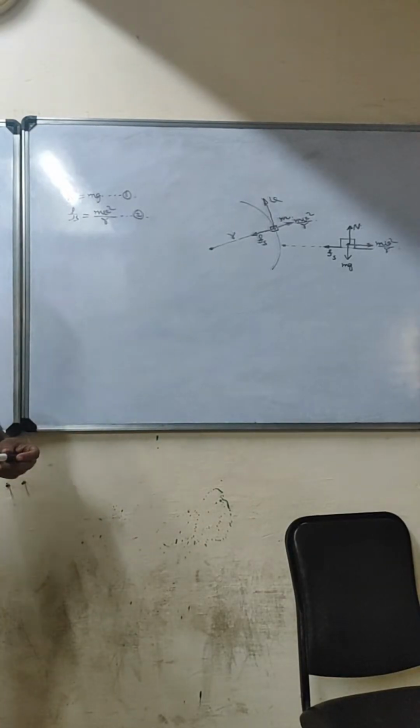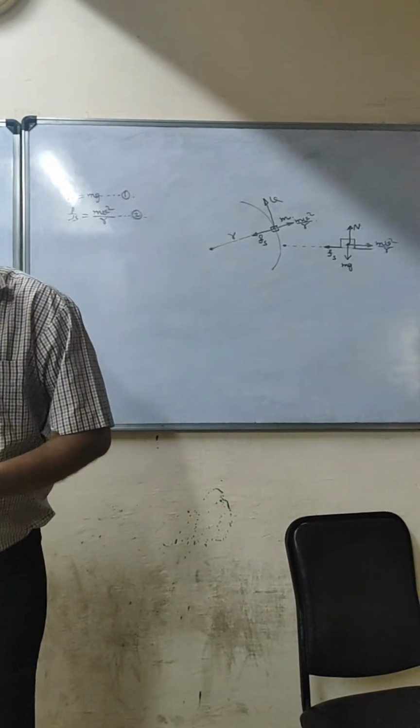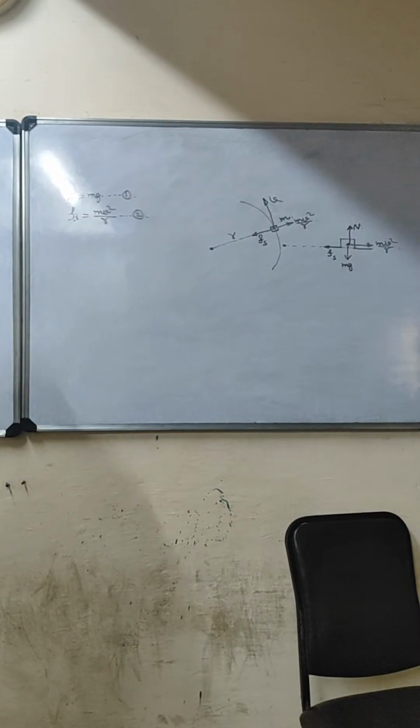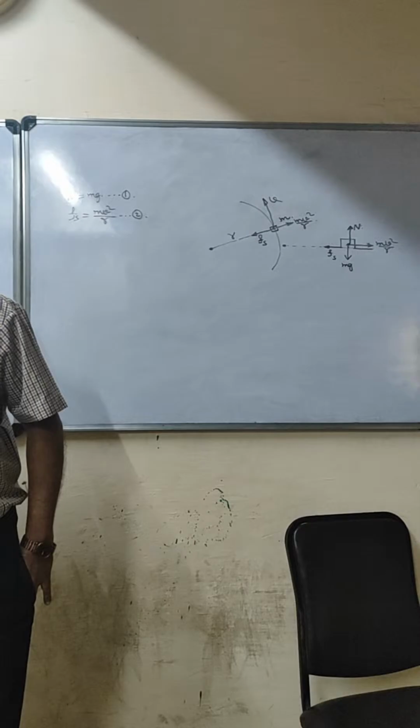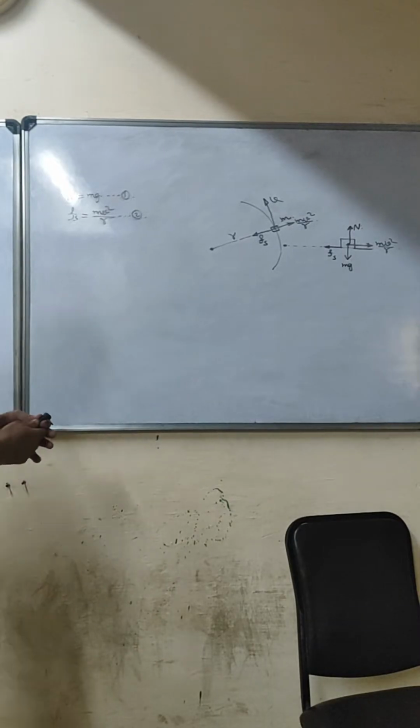Now, we'll invoke that all-powerful inequality that we had discussed in the friction chapter, that Fs must be less than or equal to mu N. Let us see what we get.